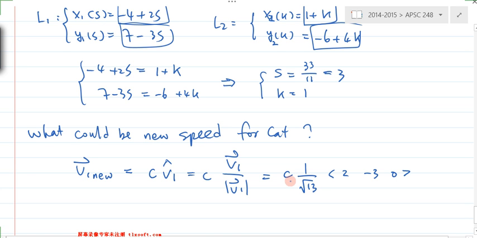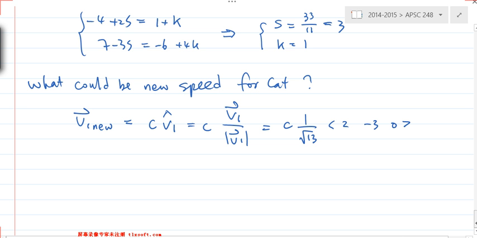Then the whole point here is, what would be a possible value of C such that the cat can catch the mouse now? If this is the new V1, then the line equation for the cat can be rewritten. So the line of the cat, if I want to rewrite that, it would be the same initial point, but the line based on this new parallel vector.